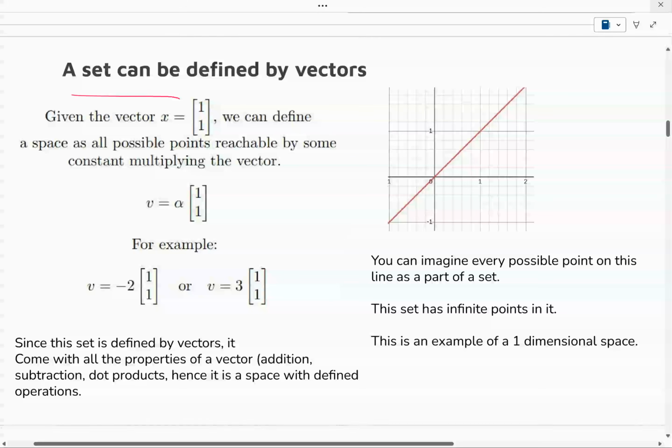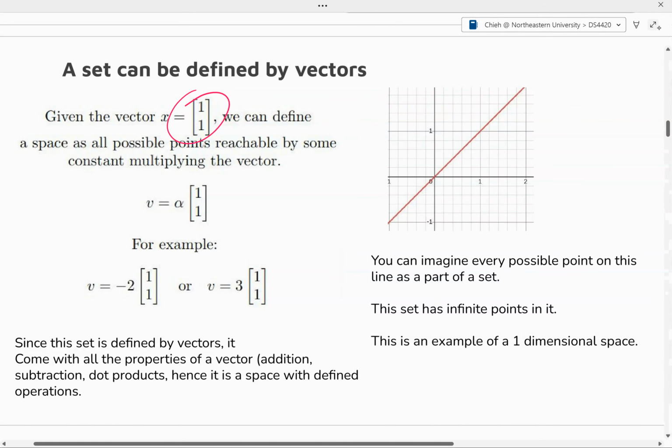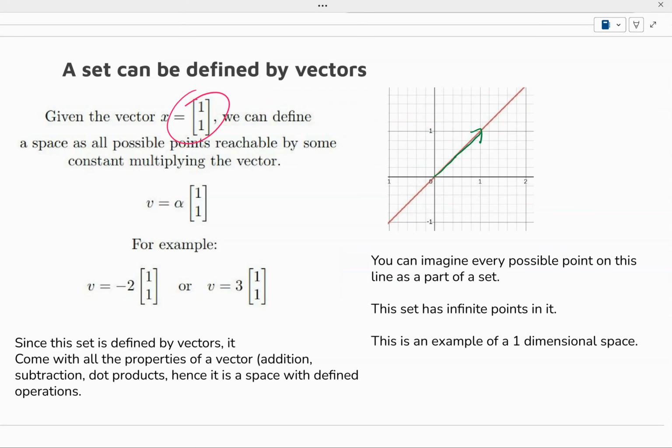Another way to define a space is by a vector. So let's say we have a vector 1, 1, like this. With a vector 1, 1, we can essentially define a space as all the possible points that could be reached by 1, 1. So if you have this vector, well, depending on how you stretch it or shrink it or take the opposite, right?